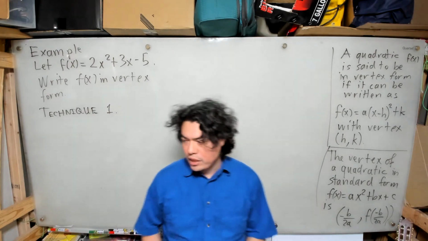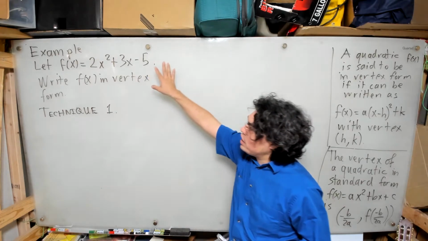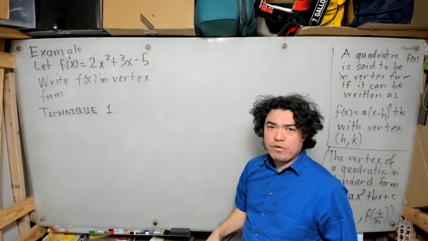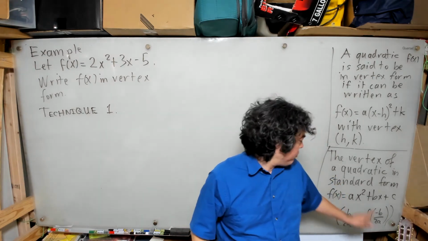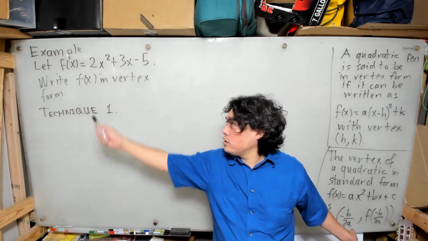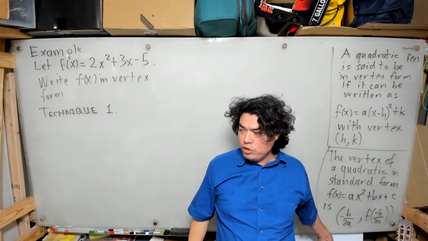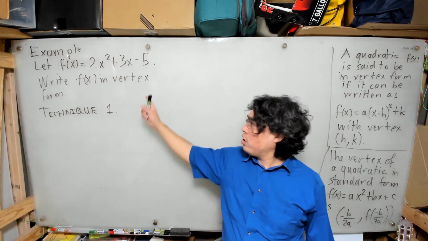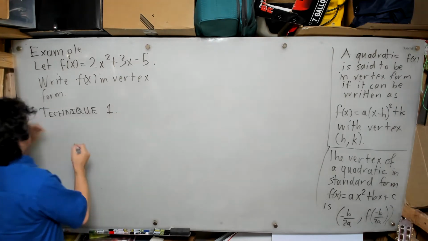So let's begin. The first thing I'm going to do is put this quadratic in vertex form by first finding the vertex. I observe that this is in standard form, f of x equals ax squared plus bx plus c, so I'm going to use this formula to calculate the vertex.